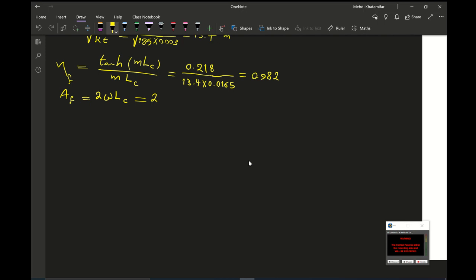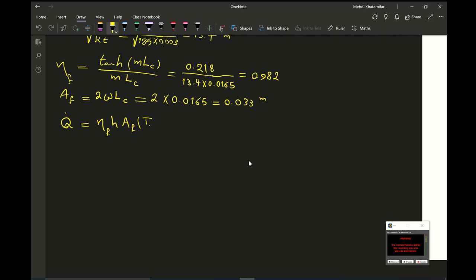So W times Lc was 0.0165, which is going to be 0.033 meter. This is area, it's supposed to be meter square, but I removed W, so it is going to be meter.